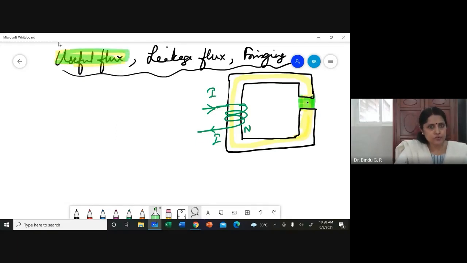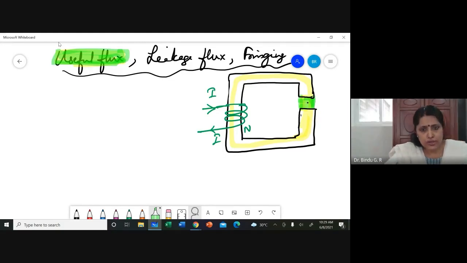It is called useful flux because in most of the machines that work on electric flux or magnetism, as in the case of rotating machinery, which I discussed in yesterday's class, the air gap plays a major role in its working. Whatever flux is available in the air gap is being utilized in many cases. So that is called a useful flux.